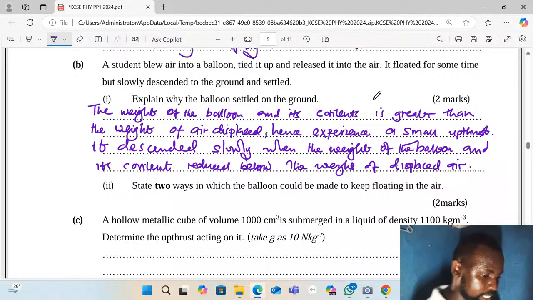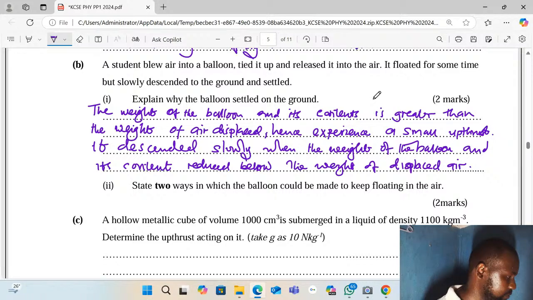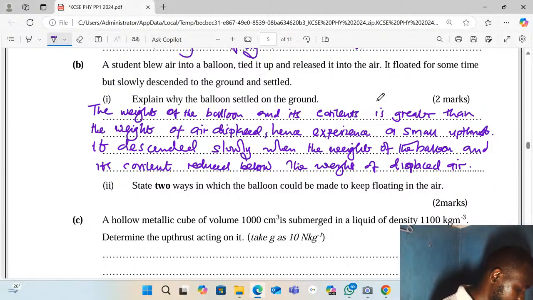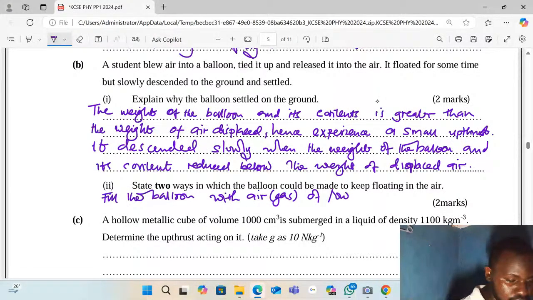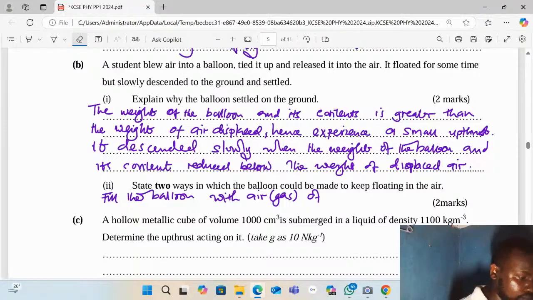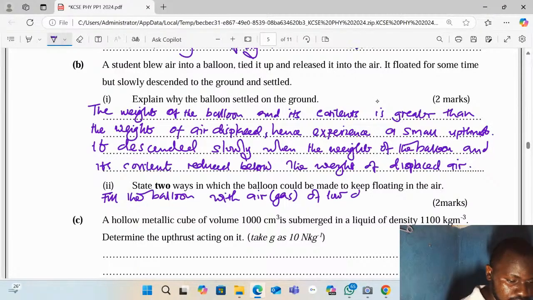State two ways in which the balloon could be made to keep floating in the air. We have several ways in which you can maintain it in the air. We have one, we fill the balloon with gas of low density, e.g. helium.